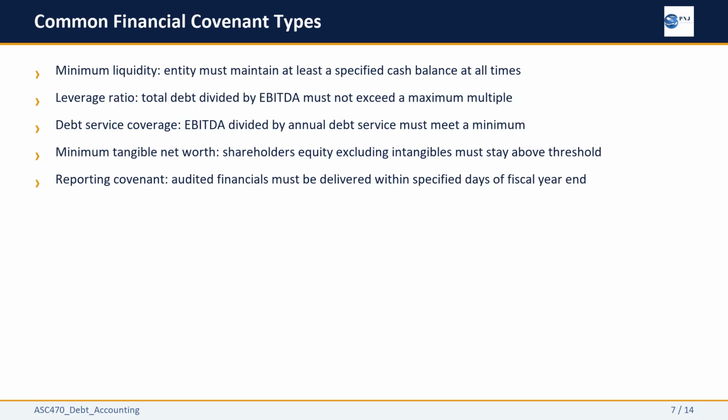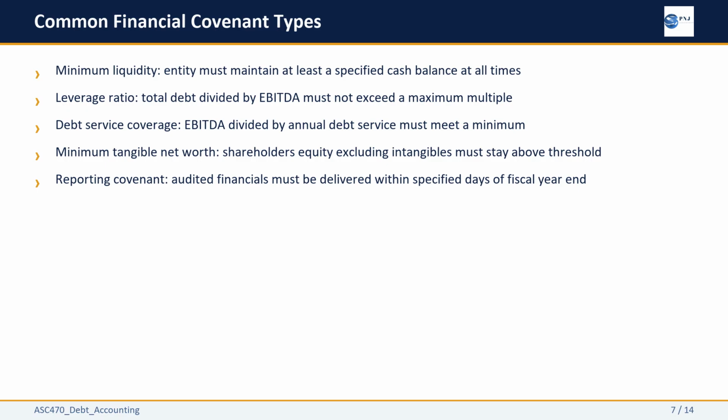Most commercial loan agreements include a package of financial covenants. Minimum liquidity covenants require the borrower to hold a floor level of cash at all times, a tripwire that can be hit suddenly in a cash crunch. Leverage ratio covenants cap the debt-to-EBITDA multiple, and because EBITDA can move down as debt stays the same, these are particularly sensitive to earnings deterioration.